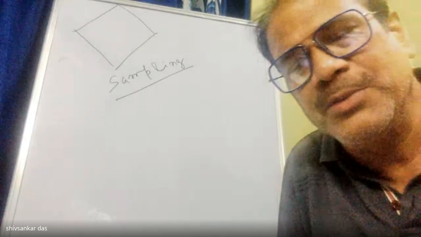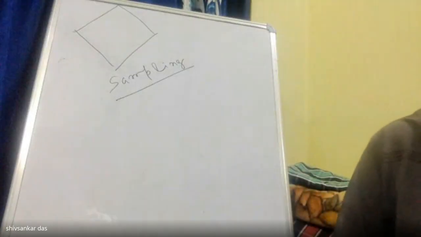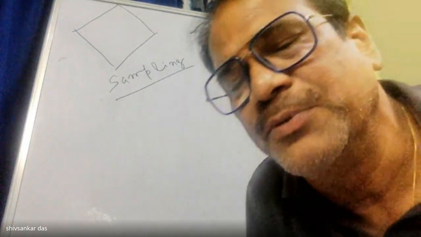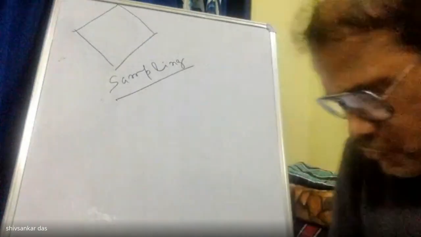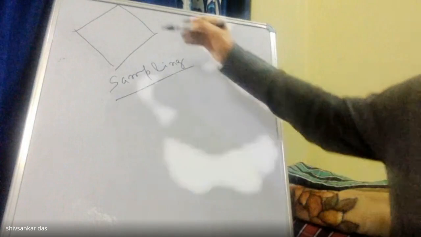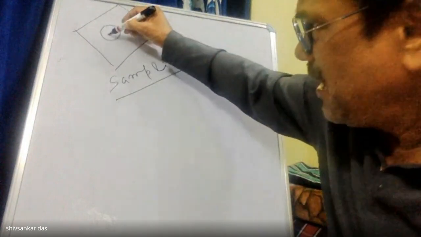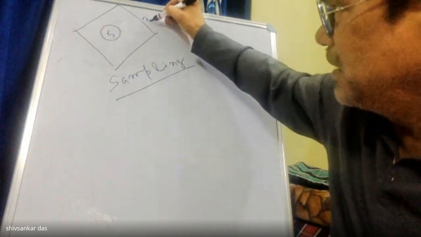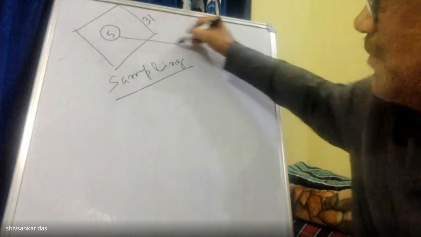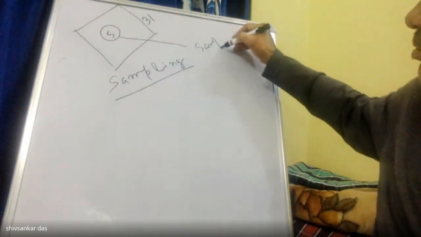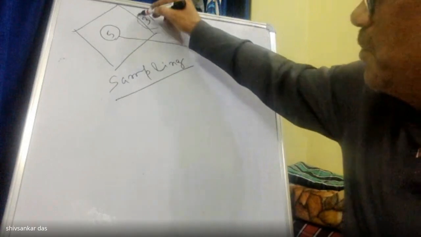Now the population strength is 31. Suppose I ask 5 students among the 31. So I'm taking a sample of 5 students out of 31 students. So this is a sample and this is the population.